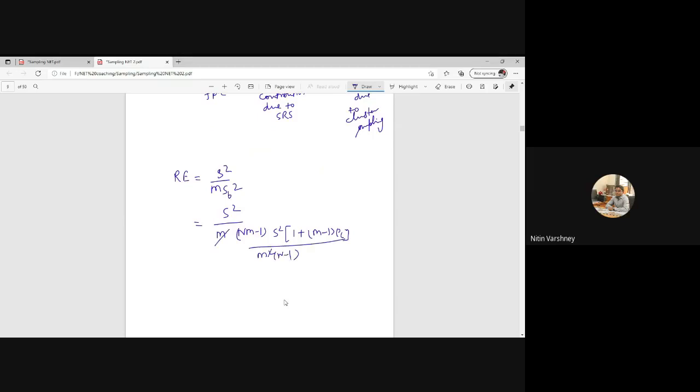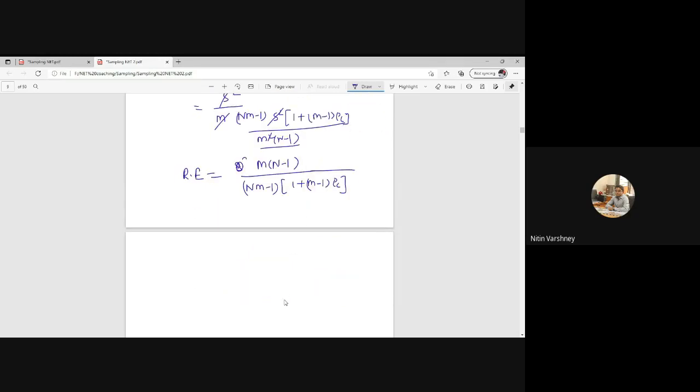Okay, so this will cancel out and these terms will go upside, and S square will cancel out, so I will remain with m into (n minus 1) upon (nm minus 1) into the bracket (1 plus (m minus 1) rho c). Okay, this is my relative efficiency.